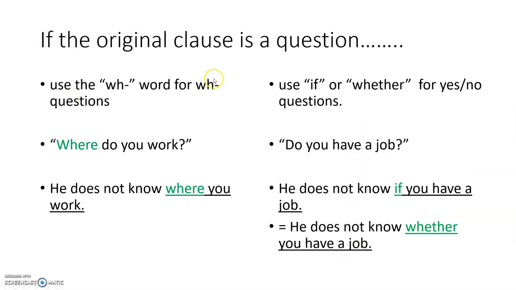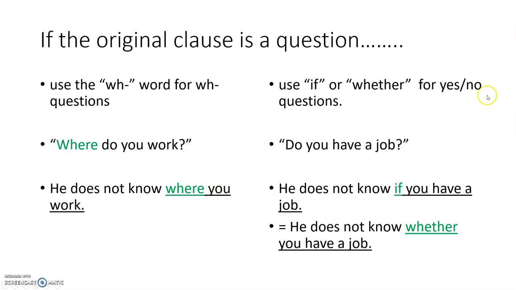And if your original clause is a question, in English we have two kinds of questions, right? We have WH questions and we have yes or no questions. If you have a WH question, obviously you're going to use the WH word. Where do you work is the simple question. Then here's the noun clause. He does not know where you work. QSV, where you work.